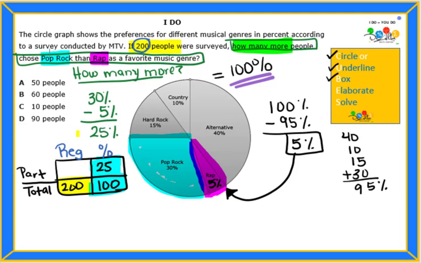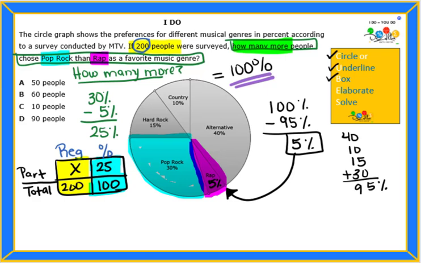And now we're looking for the regular number that represents 25%. So that's going to be x. So notice here, in my percent box, I am saying that x is the regular number that represents 25%, and the total is 200 in regular number, and it is represented by 100%.